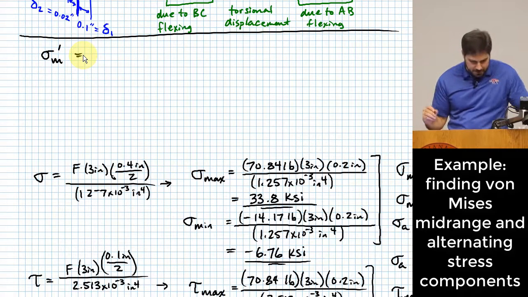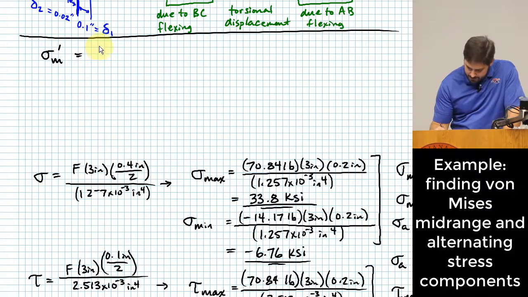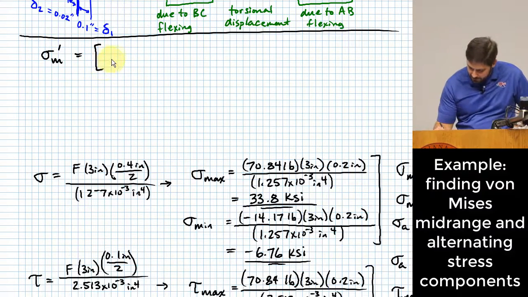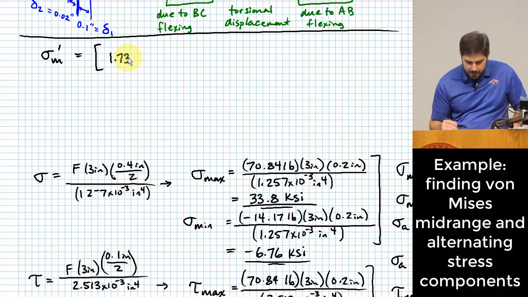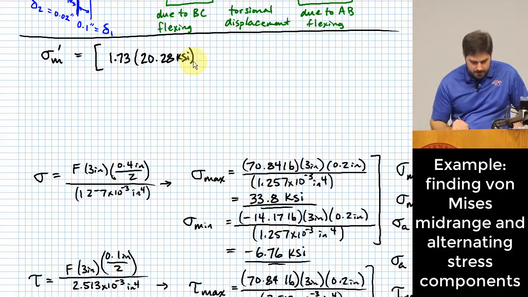All right, and so what we have there is we plug in our stress concentration factor. That's what you see for bending there. That was 1.73 multiplied by the alternating component, 20.28 KSI, squared.